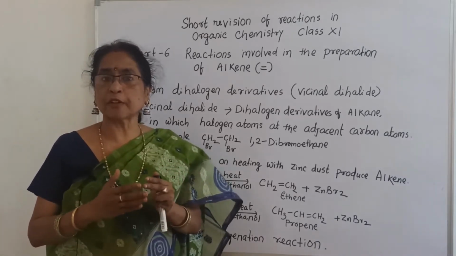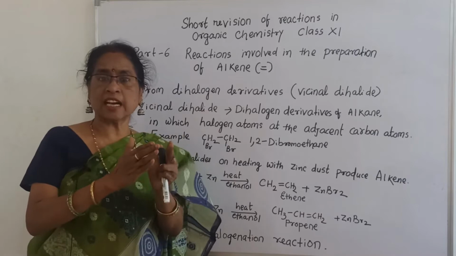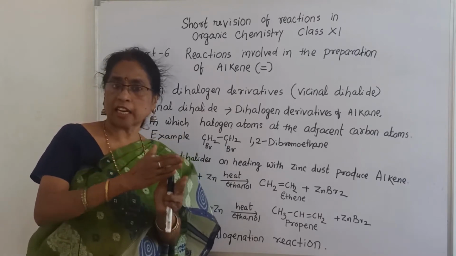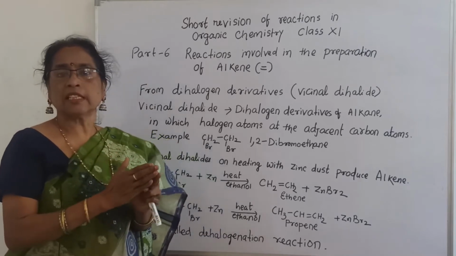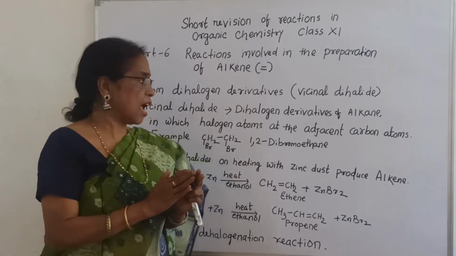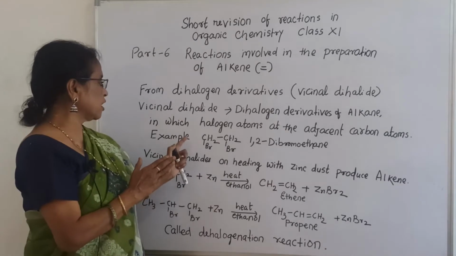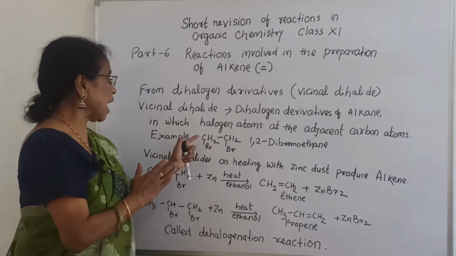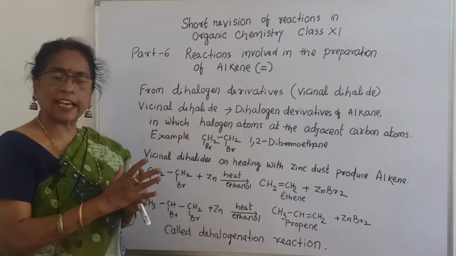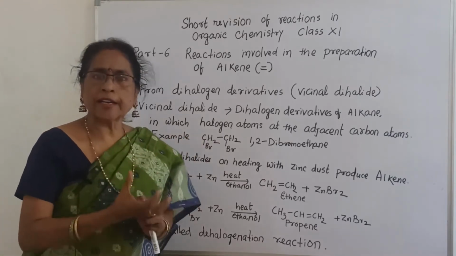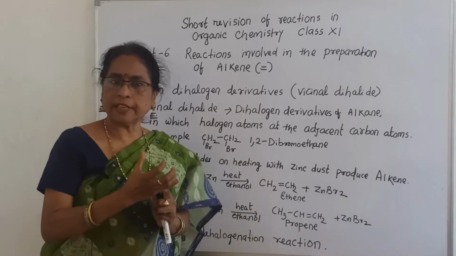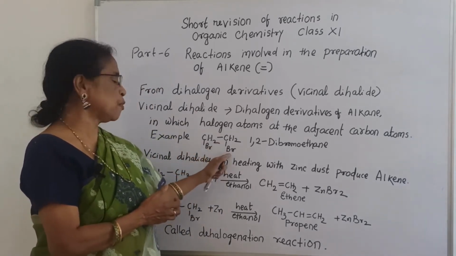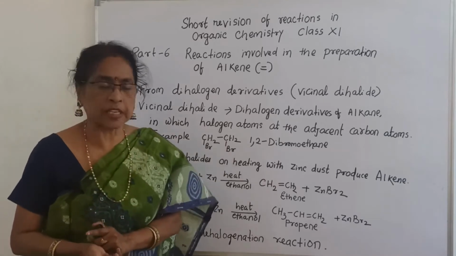Adjacent carbon atoms means what? Carbon atoms just attached to each other are called adjacent carbon atoms. Now the example is CH2Br, CH2Br. The parent hydrocarbon itself is ethane. In ethane, at position 1 there is a bromine instead of one hydrogen.